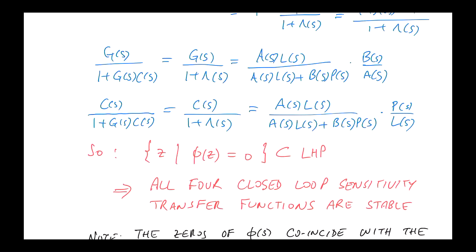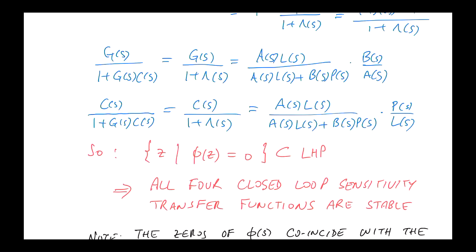Okay, and it turns out to also be a necessary condition, when we take into account that we're assuming that these are coprime polynomials. So in principle, you might think, well, there's always something in the numerator here, so that could end up cancelling out a factor of the characteristic polynomial.